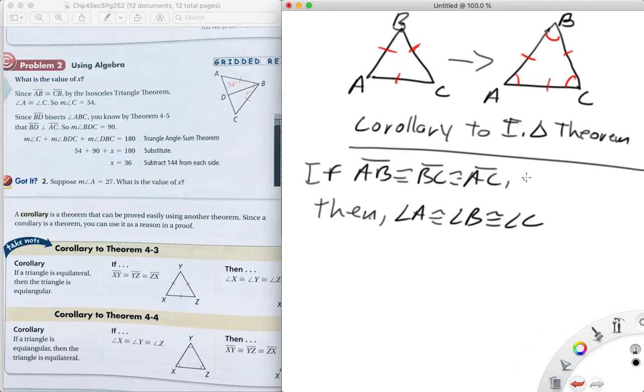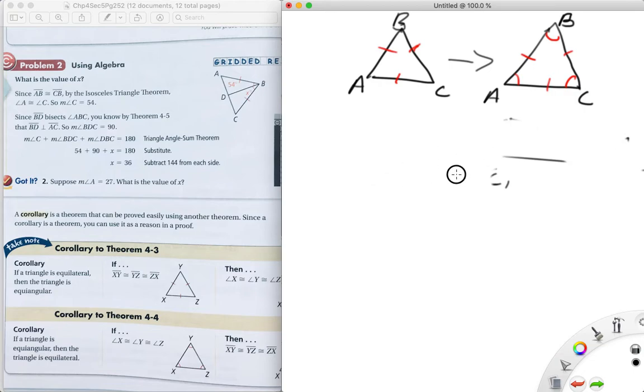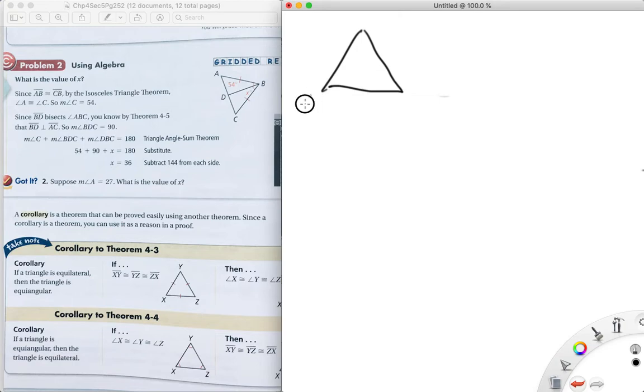Likewise, we can have the corollary to the isosceles triangle converse. So doing this in reverse. So now instead of having congruent sides, we have an equiangular triangle, meaning all the angles are congruent.